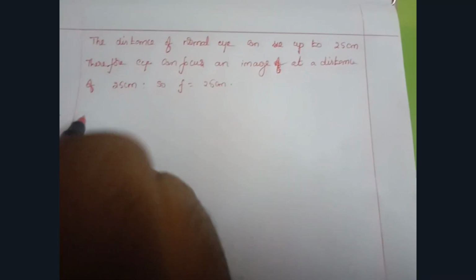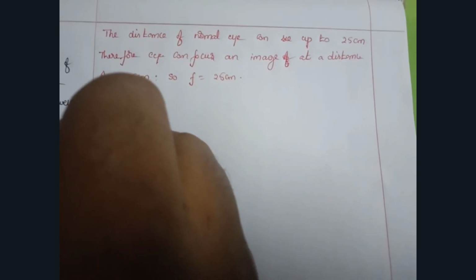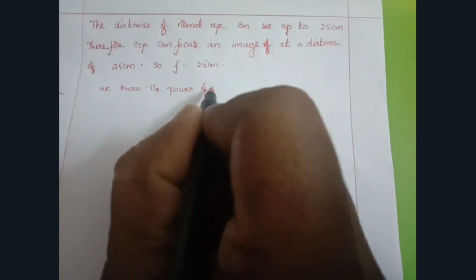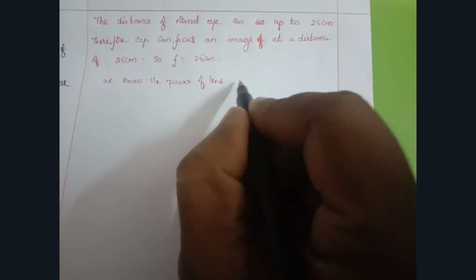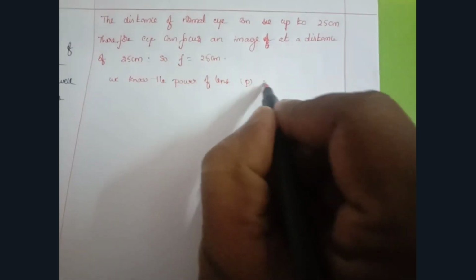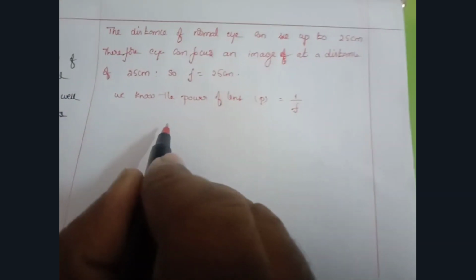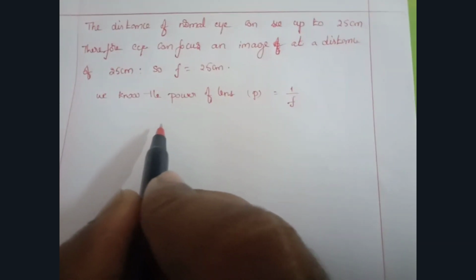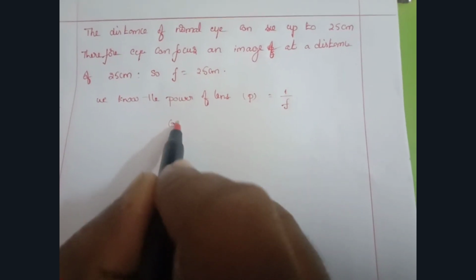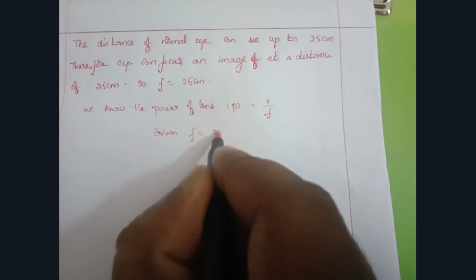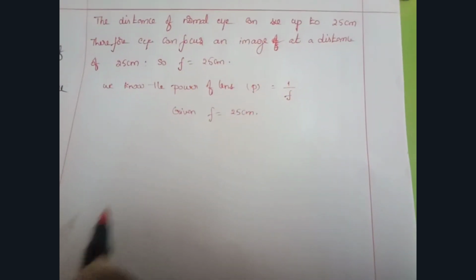We have to find the maximum power of accommodation. We know the power of a lens P is equal to 1 by F, with the unit diopter. Given F is 25 centimeters, that means the near point distance.